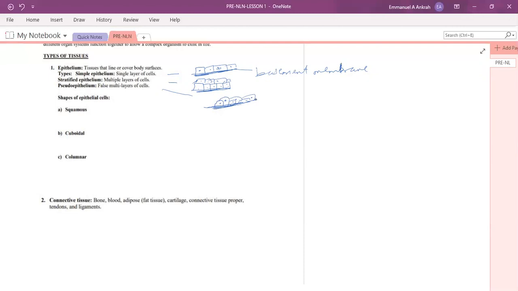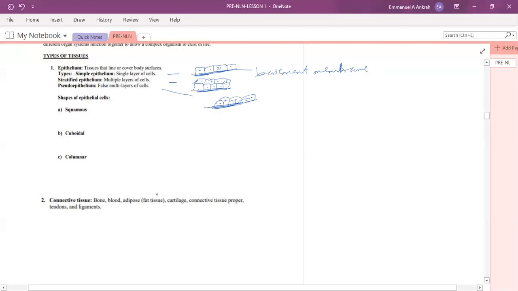So it's a simple epithelium because you want the oxygen and carbon dioxide to diffuse quickly. So that's how you can remember them. Protection, multiple layers; where you want quick transport, like diffusion of gases, simple epithelium, single layer.